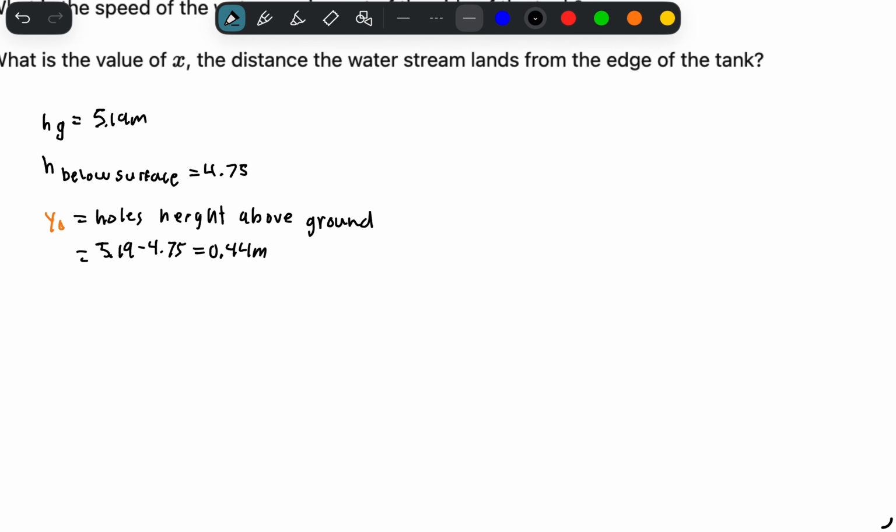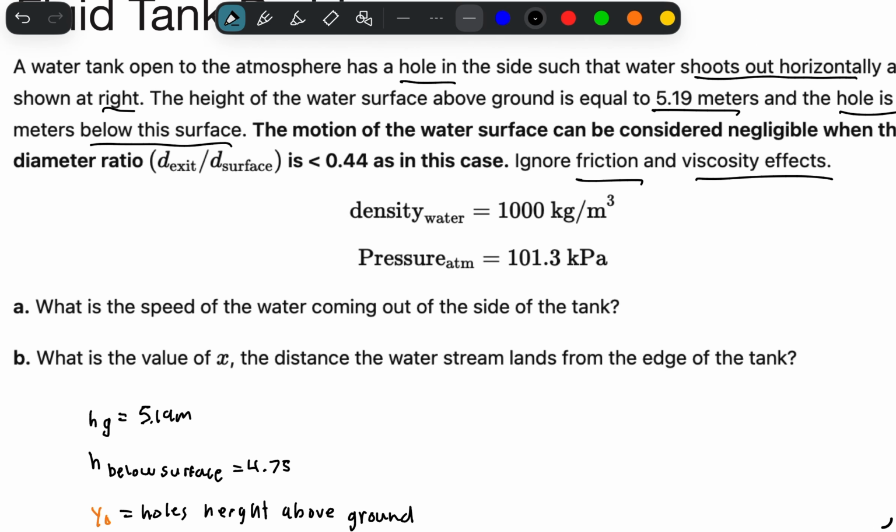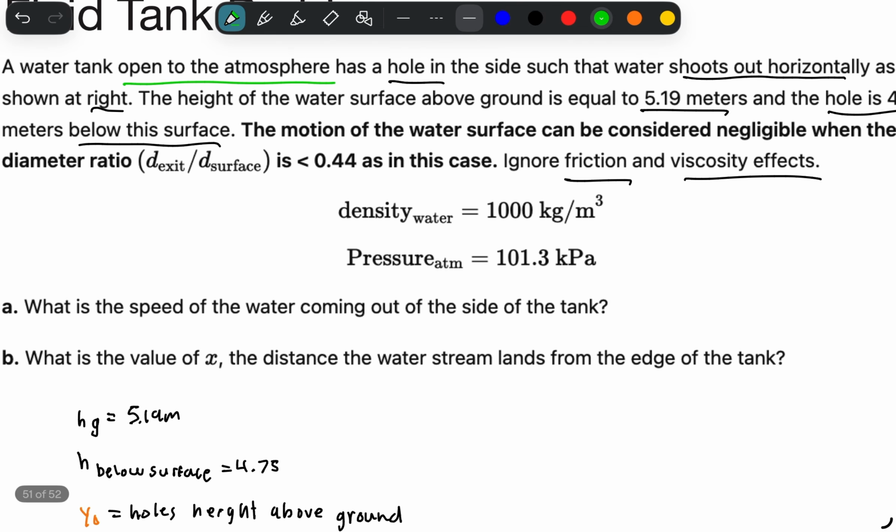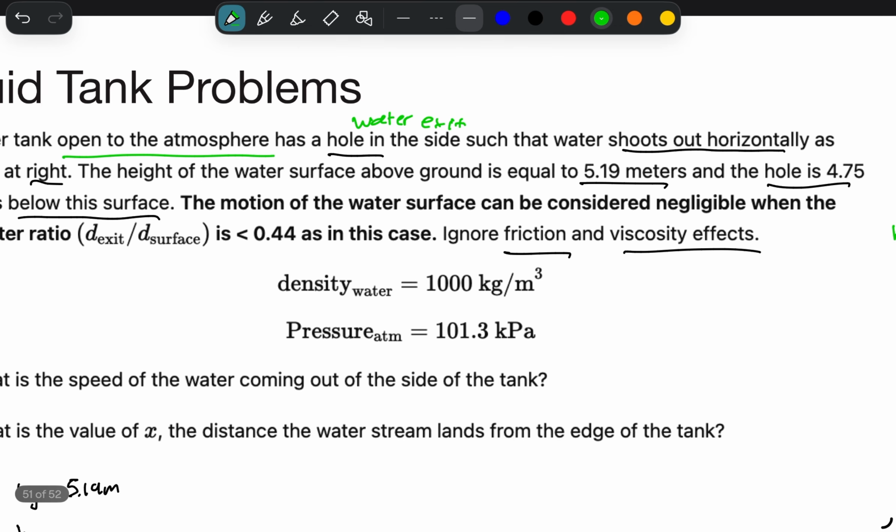Because the tank is open to the atmosphere, and also because the water is going to exit when it falls out, the pressure at the surface and at the hole are atmospheric.